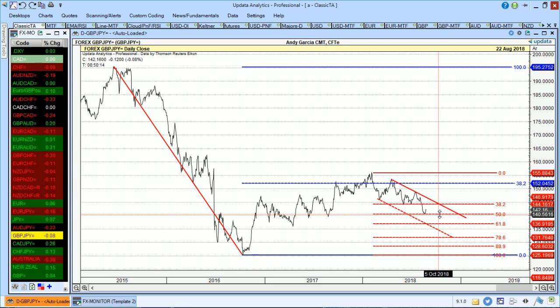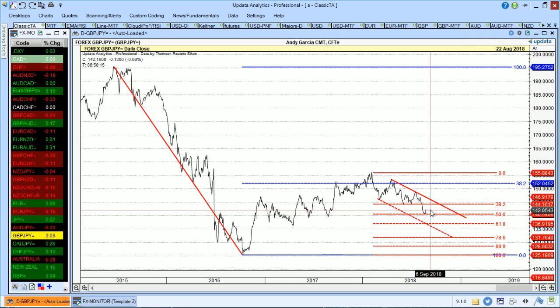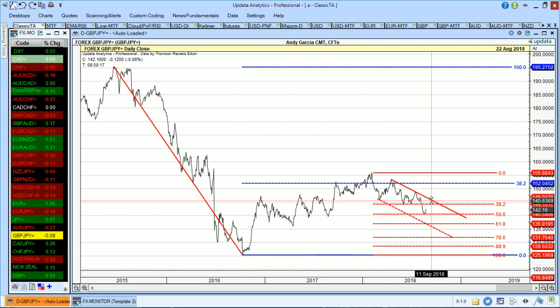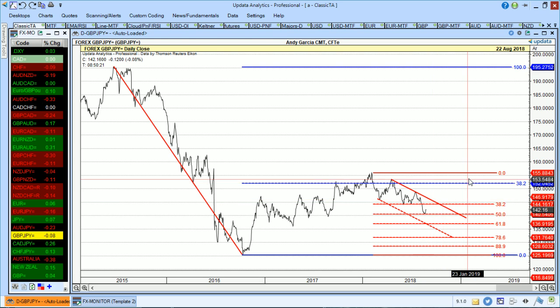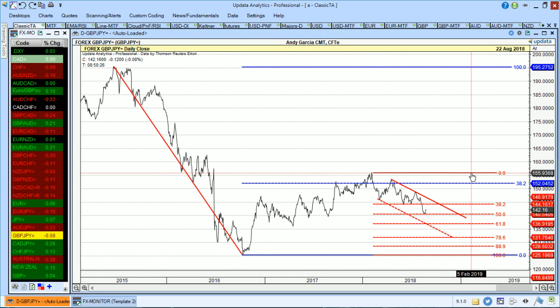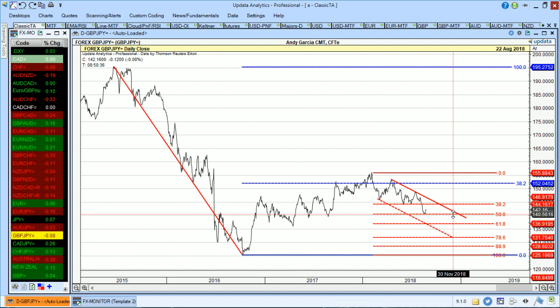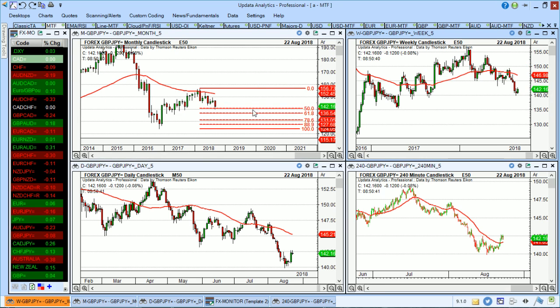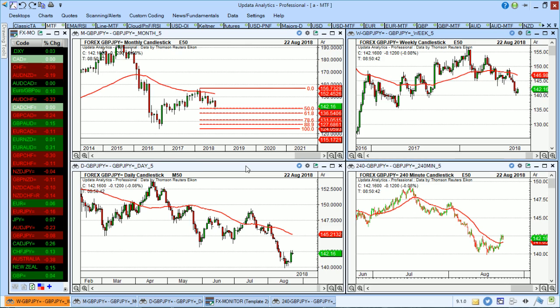What I'm looking for is the market to actually hold this 50% retracement level and then bounce through this 382 and then come up through this upper trend line and then proceed on, probably pushing all the way up to 155 at some point, assuming that this level can hold at 140 and change. So I think going forward, this is actually going to be a really interesting market to be trading.